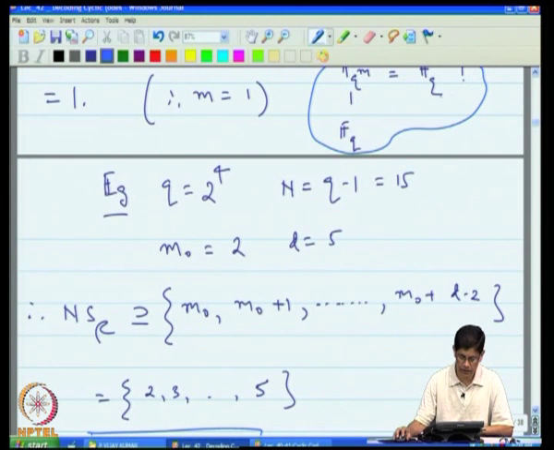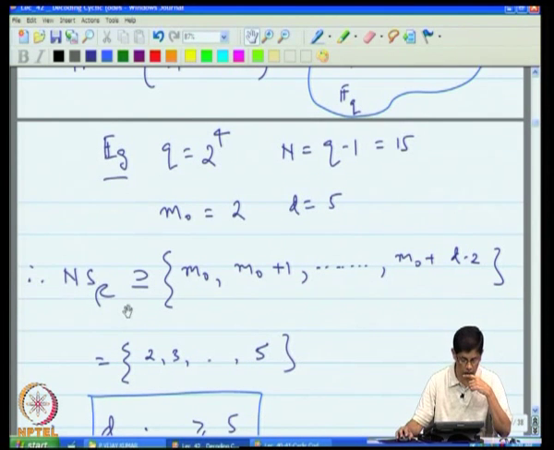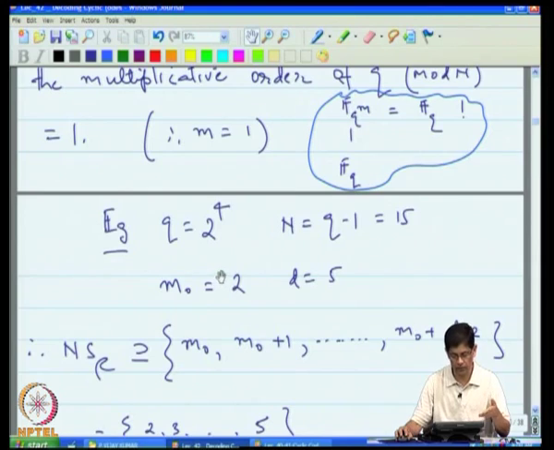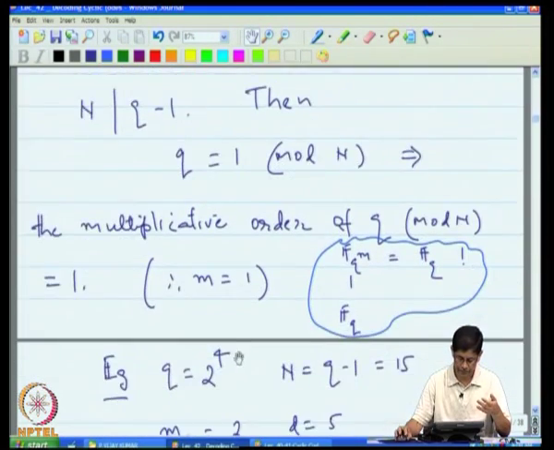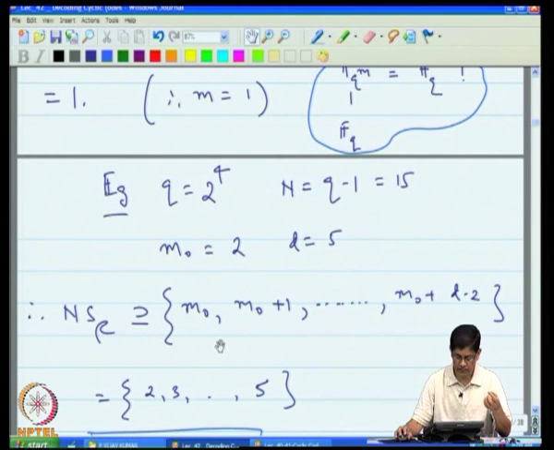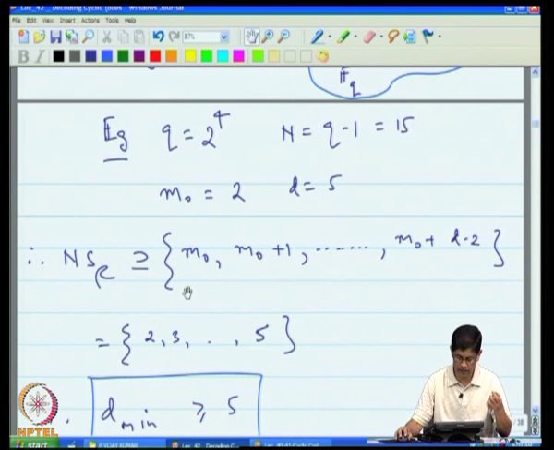So here is an example. Supposing q is 2 to the 4, n is 15, then m is 1. Now I am going to fix the parameter m0 to be 2 and d to be 5. So by this we are mandating that the Reed-Solomon code, because it satisfies these conditions, has a null spectrum that must contain m0, m0 plus 1 through m0 plus d minus 2, which in this case means that it must contain the consecutive frequencies 2, 3 up to m0 plus d minus 2, which is 5.